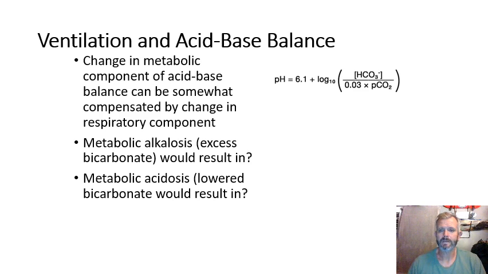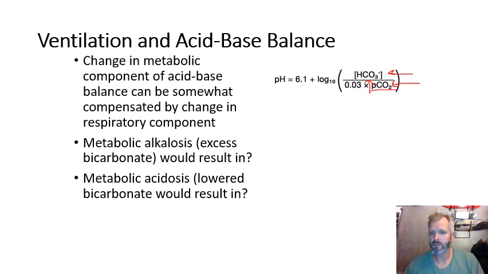Okay, so if I want to keep this in range, I keep a certain level of bicarbonate in the blood that is homeostatic and a certain level of CO2 in the blood that is homeostatic. But what happens if my levels of CO2 go up? How could I keep this ratio equal?